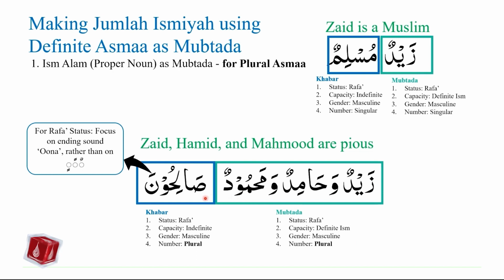Salihuna is also used for plural. Zaidun wa Hamidun wa Mahmudun meets all the criteria to be mubtada. Salihuna meets all the criteria to be khabar. Therefore, the translation of Zaid, Hamid and Mahmud are pious will be Zaidun wa Hamidun wa Mahmudun salihuna.